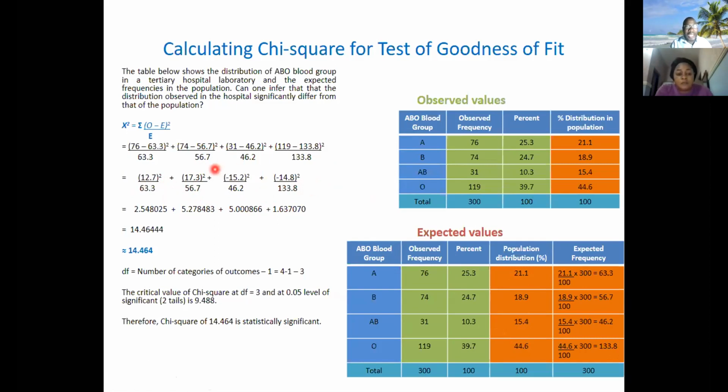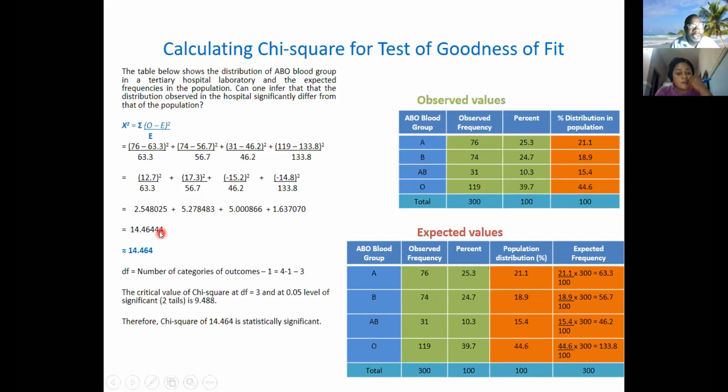If you add the positive and the negative, it will be 0. So observed minus expected, added for the 4 categories, will be 0. That is the logic: to remove the negative, square it. Of course, to come back, you divide by the expected. So that is the logic in chi-square.